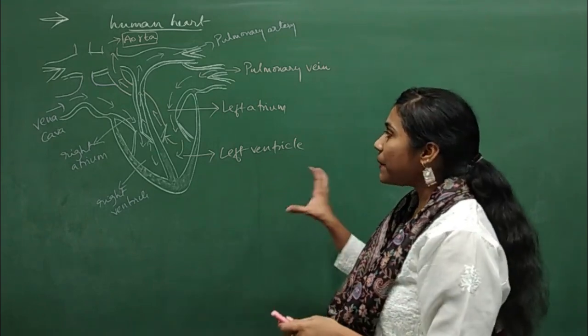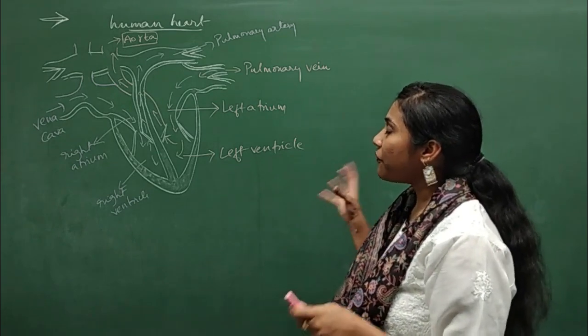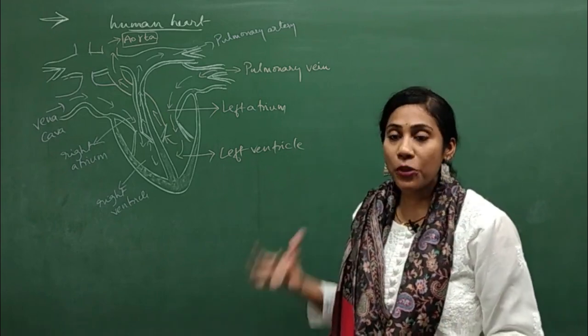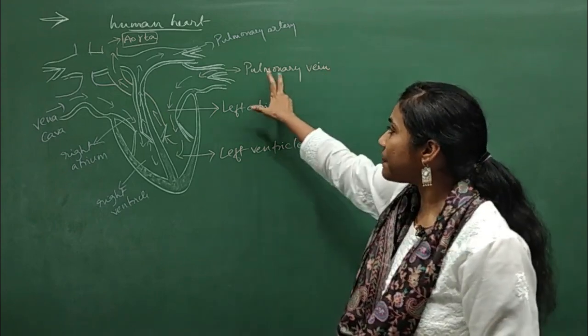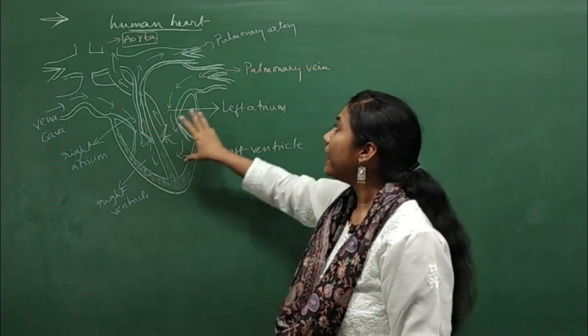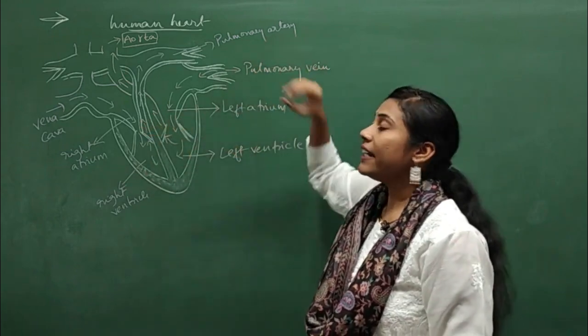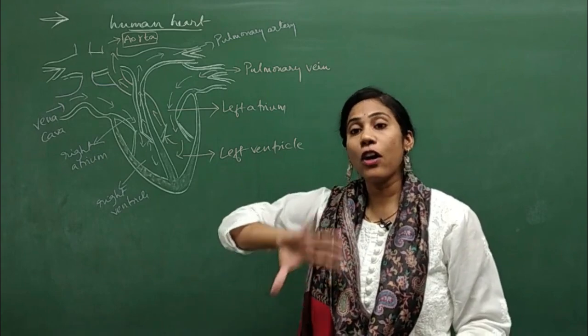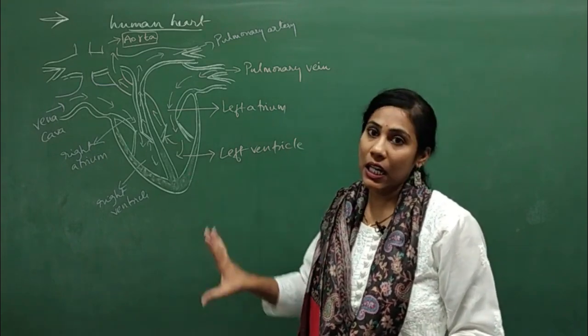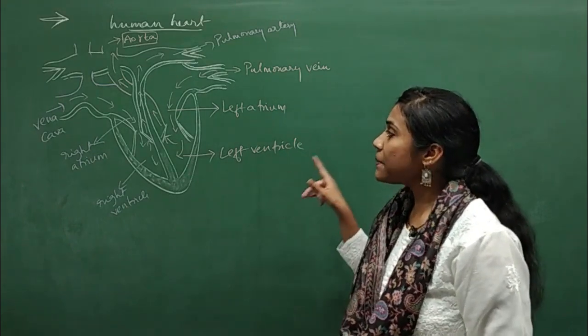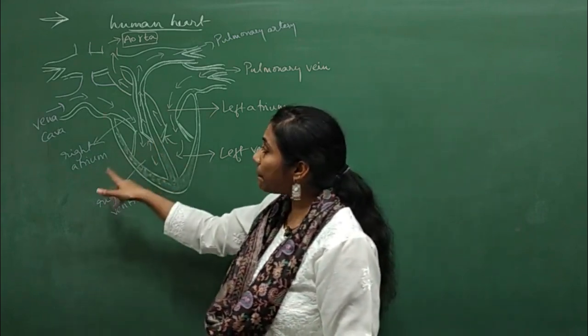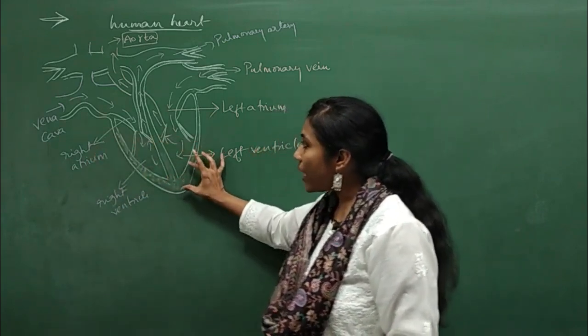Clear? And here you must know the importance of every part. Importance can also be asked. So the pulmonary vein is bringing oxygenated blood, and the pulmonary artery is taking deoxygenated blood to the lungs. Okay, and who is bringing deoxygenated blood from body parts to the heart?